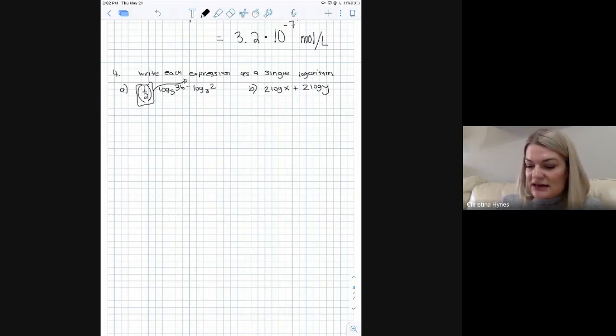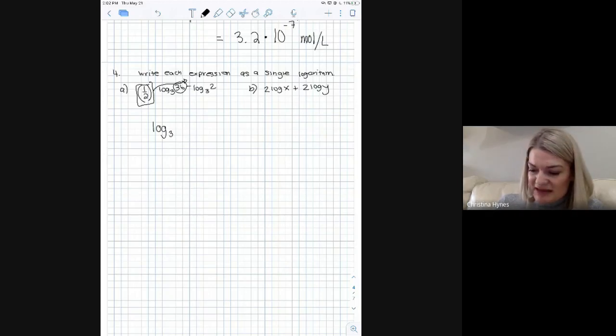Okay, so since this 1/2 is in front of log base 3 of 36, you're going to bring that 1/2 up, and it's going to now belong to the 36. So it's going to look like this. This is called the power law. So the power law states that any coefficient in front can be brought up to the power spot of a log.